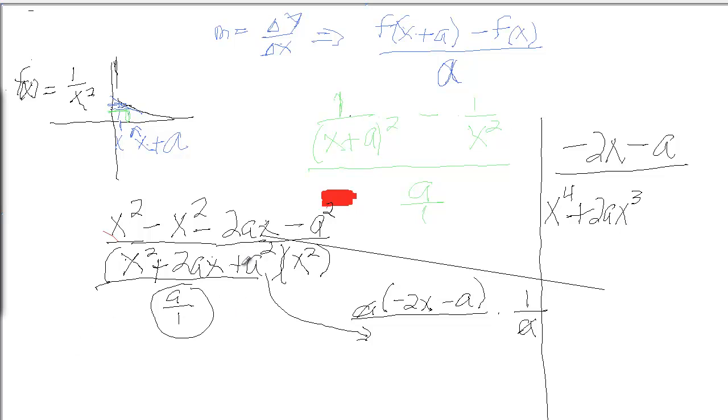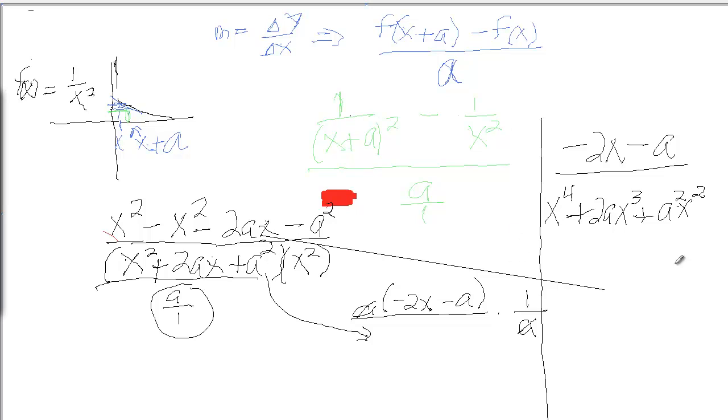And this back here was definitely a plus sign, plus a squared x squared, right?